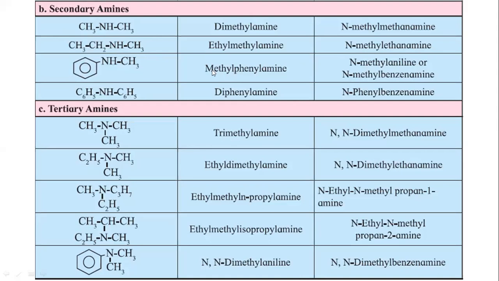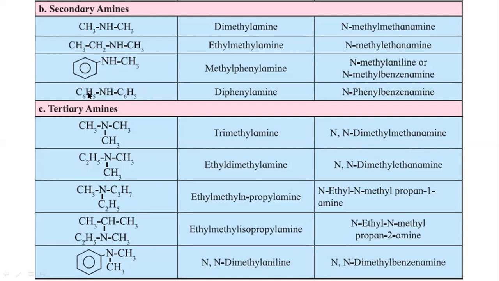Then see this example. This is a secondary amine. One group is phenyl and another group is methyl. So the name is N-methylaniline, or it is also called N-methylbenzenamine. In this example, there are 2 benzene rings attached here.